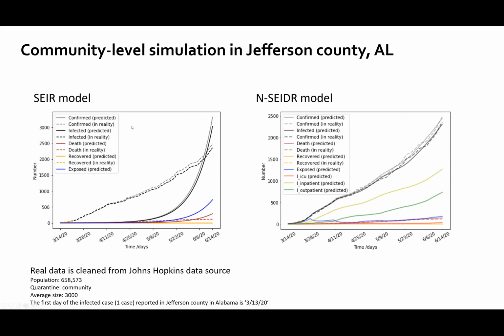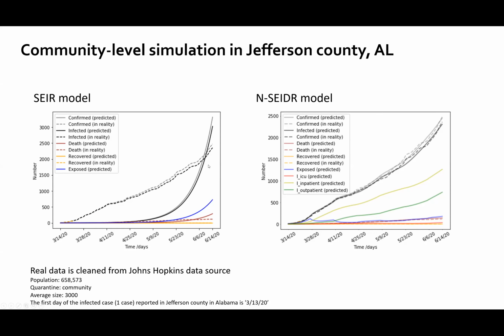We have two types of line here. The dashed line is the real data cleaned from the Johns Hopkins data source, and the solid line is the curve we predicted in our model. In the traditional SEIR model, we can see the performance is very poor.